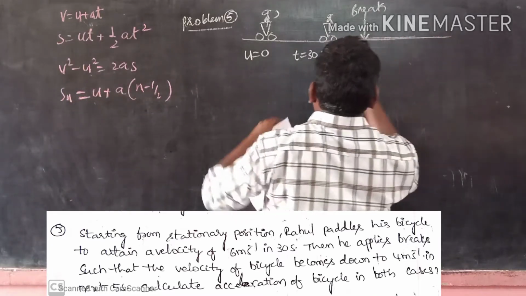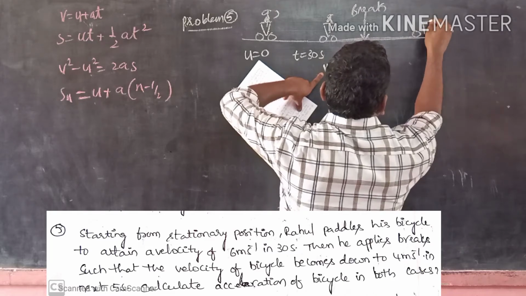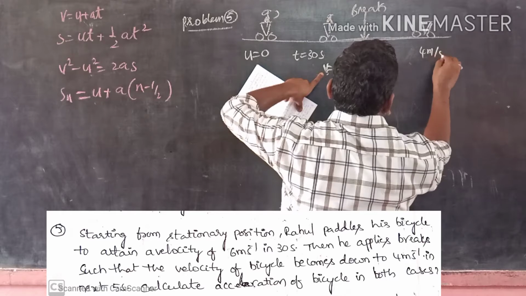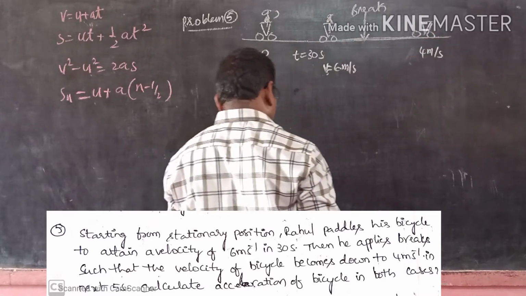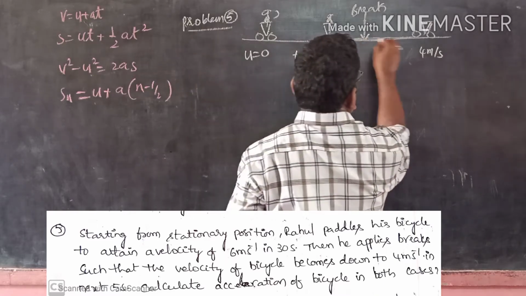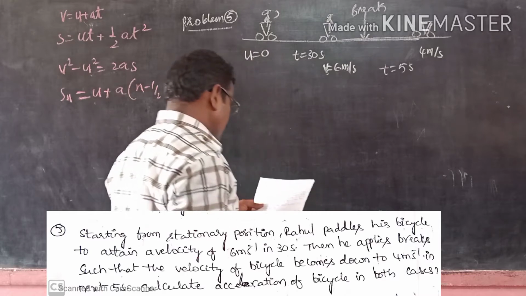Originally it is 6 meters per second, now his velocity becomes 4 meters per second. This is the given representation. In the next 5 seconds, so from here to here, time is equal to 5 seconds.